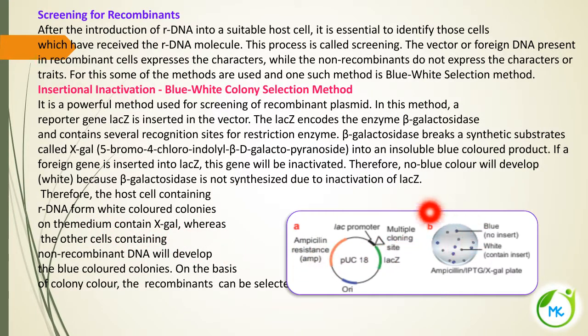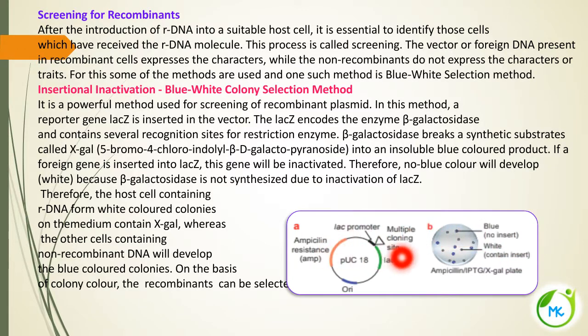On the growth medium you have to add X-gal. So when the gene is inserted, the rDNA cells will have white colonies, whereas the other cells, that is the non-recombinants, will have blue colonies. That's why this method is called the blue-white colony selection method. We want only the recombinant ones, so we can select the white colonies.